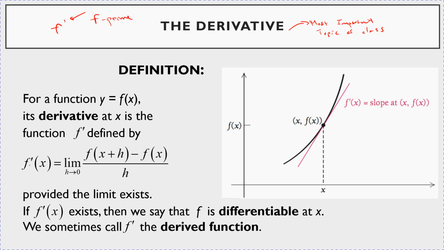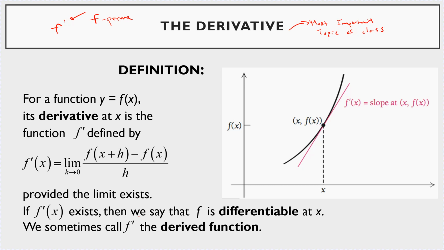It's defined by this: the derivative function f prime of x is equal to the limit as h goes to 0 of f of x plus h minus f of x divided by h, provided the limit exists. If f prime of x exists, then we say that f is differentiable at x, so we can find the derivative at x. We sometimes call this f prime of x the derivative function.